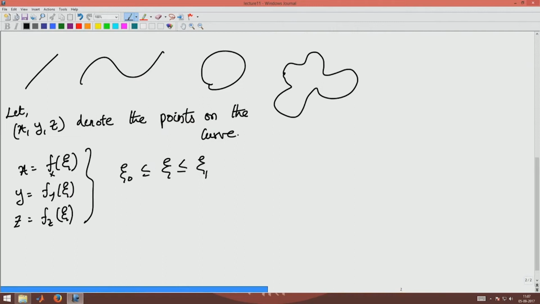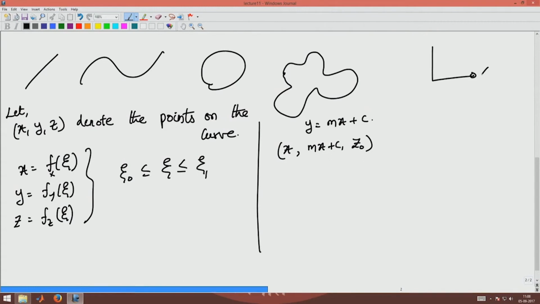Let us see how you represent a straight line with this definition. A straight line is y equal to mx plus c. So, the coordinates are x comma mx plus c comma some z0, in some z equal to constant plane.